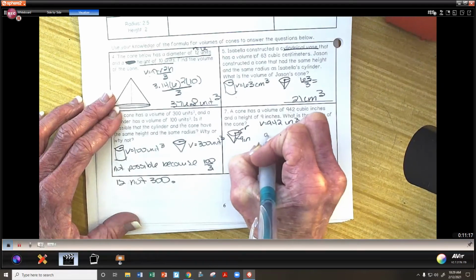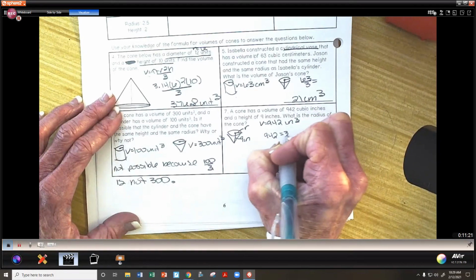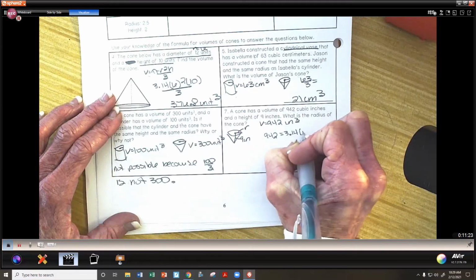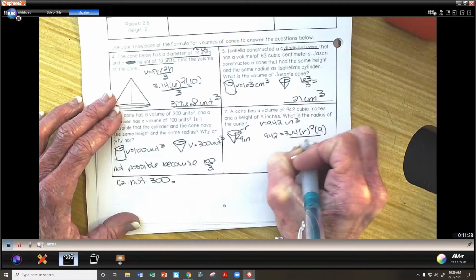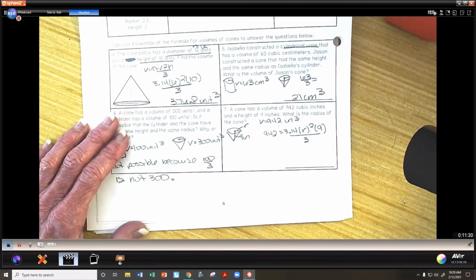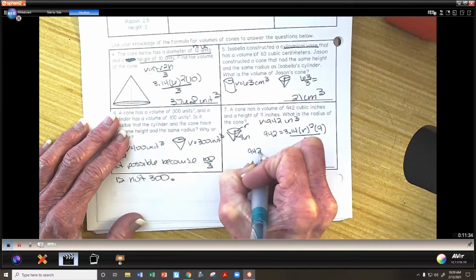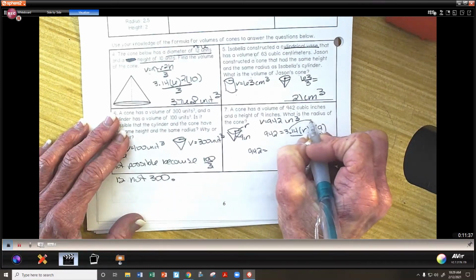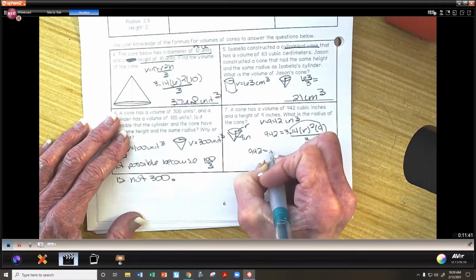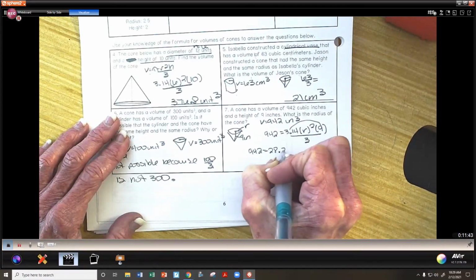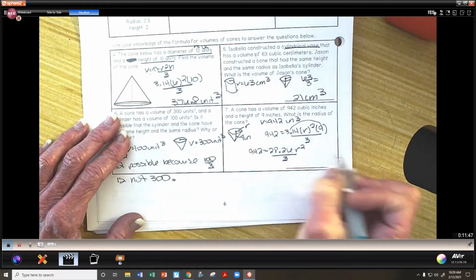Okay, so 942 equals 3.14 times radius squared times 9 divided by 3. So 942 equals, we're going to multiply these two together, and when we do that, we get 28.26 radius squared divided by 3.